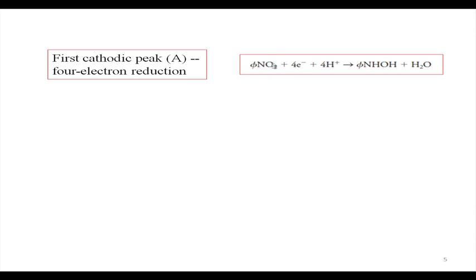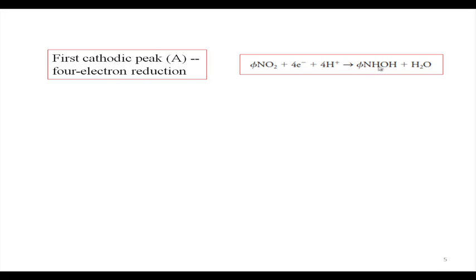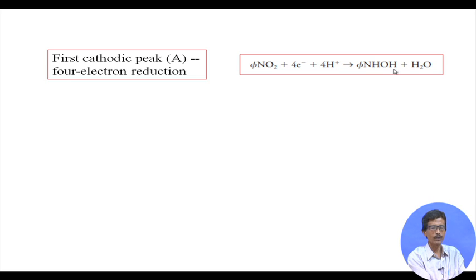So this nitro group on the right hand side, that means the C part of the parathion molecule, is getting reduced to a form which we write in functional group analysis as NHOH, which is nothing but hydroxylamine. So NO2 is basically reducing to the corresponding parathion, not in nitro form but in hydroxylamine form.